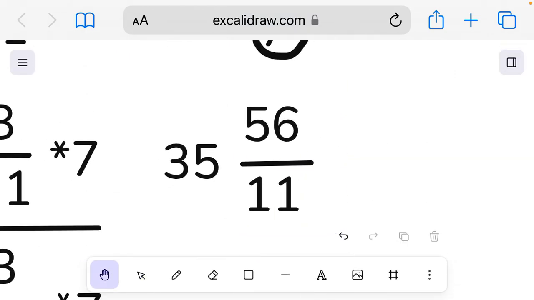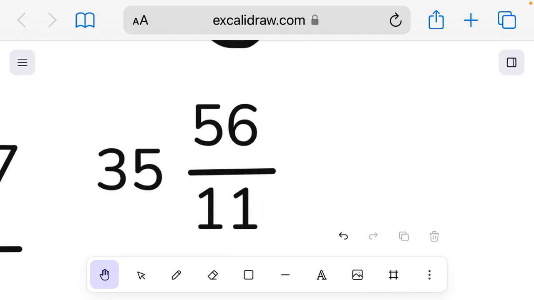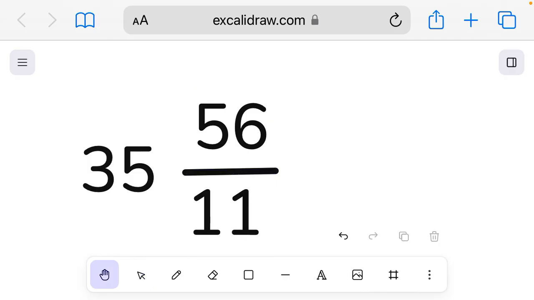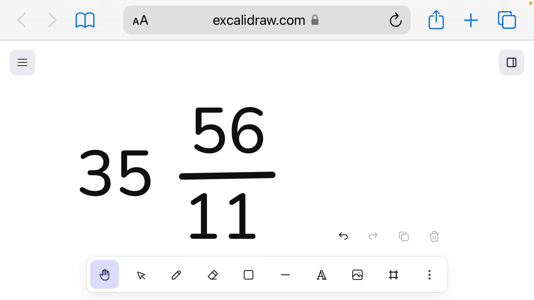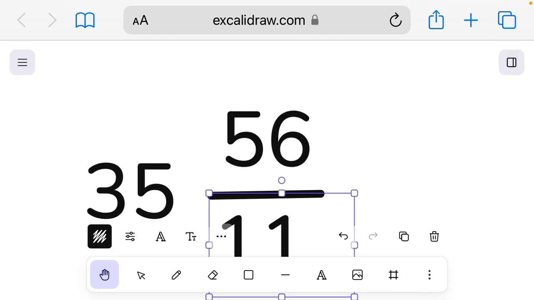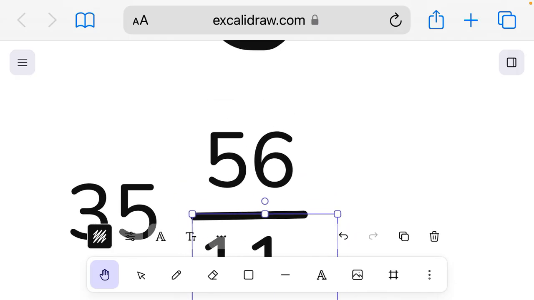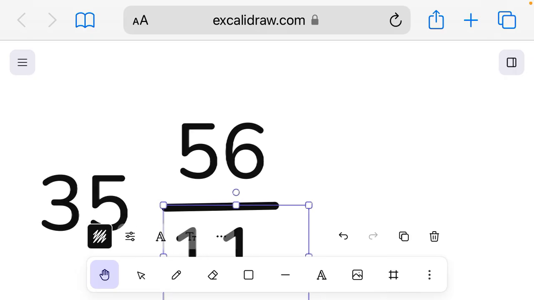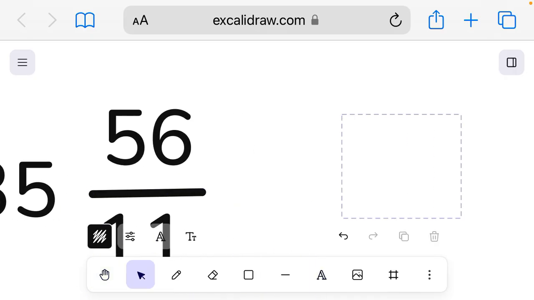So what we have is 35 and 56 over 11, but we don't want it to stay as an improper fraction. We need to convert it back to a proper fraction. So in order to do this, all you do is this trick.